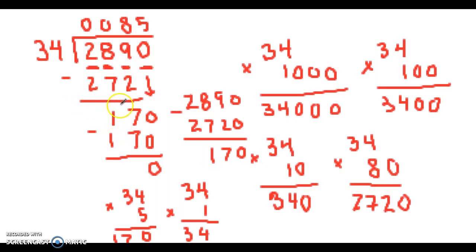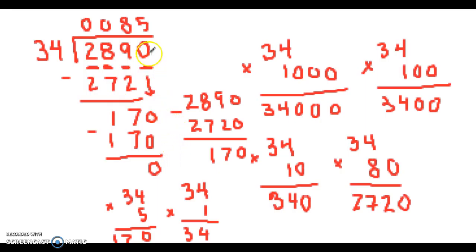When we put it over into our problem, we chose to just acknowledge 272 rather than 2,720. And we ended up with 17, which is really 170.